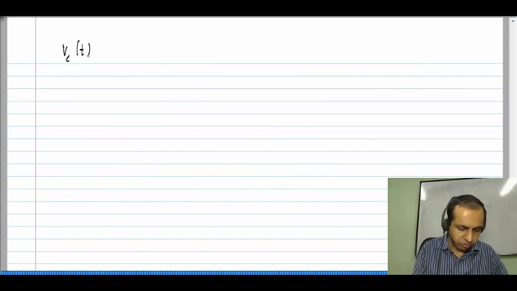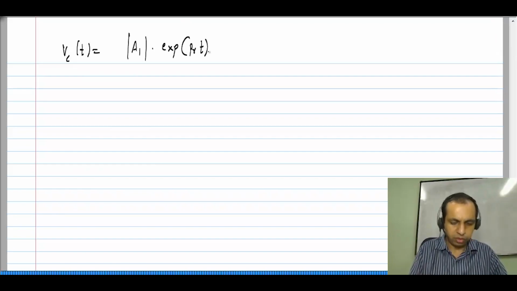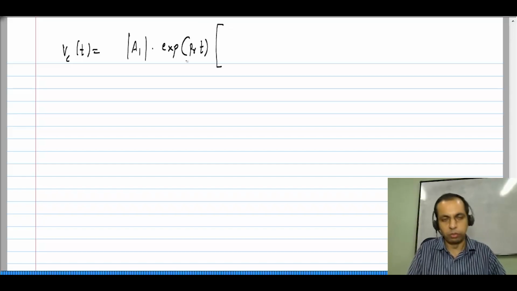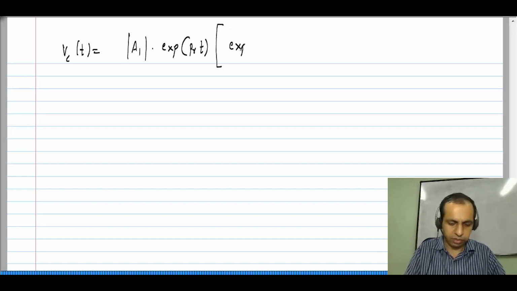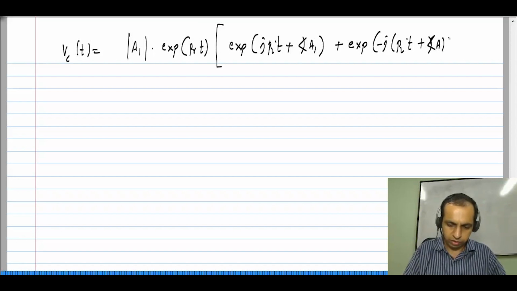Substituting that, what we will get is Vc of t is the magnitude of A1 exponential PR t, a common factor to the whole thing, and then we'll have exponential j (PI t plus angle of A1) plus exponential minus j (PI t plus angle of A1).